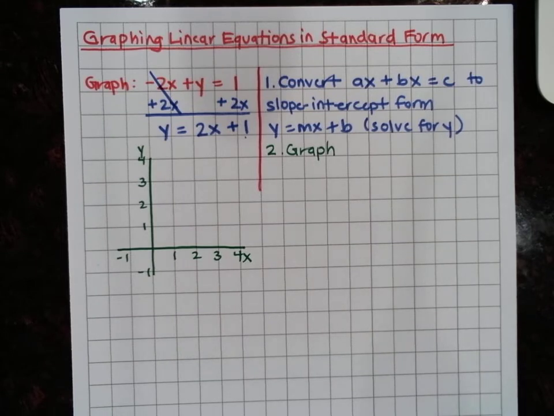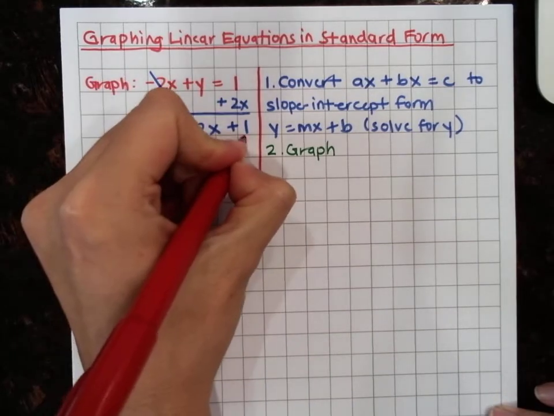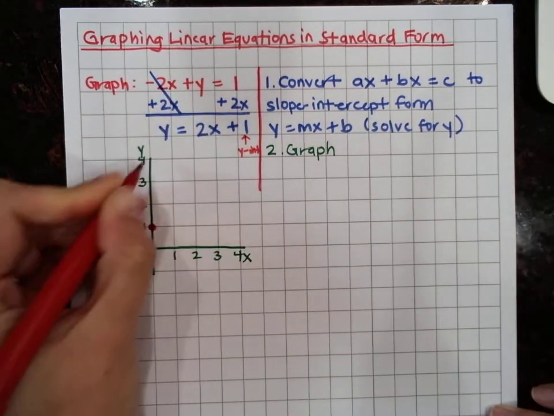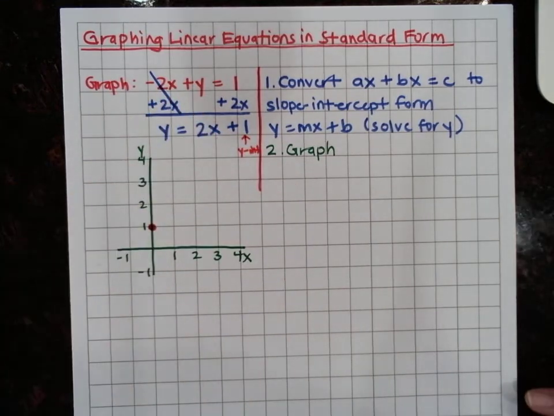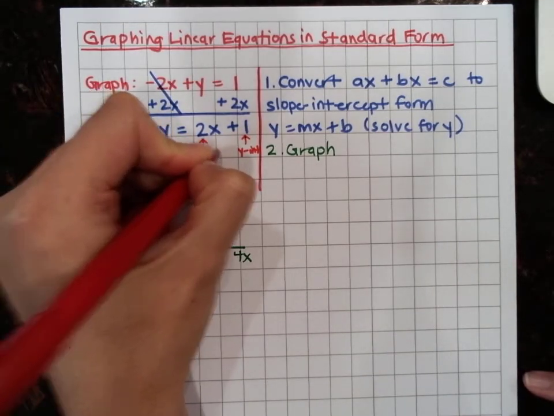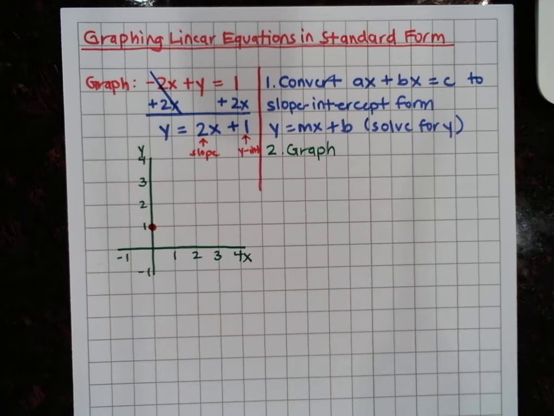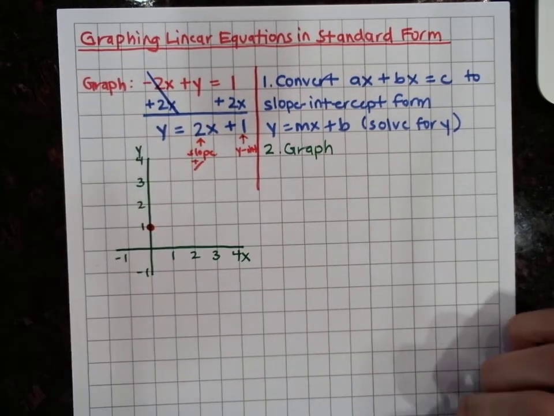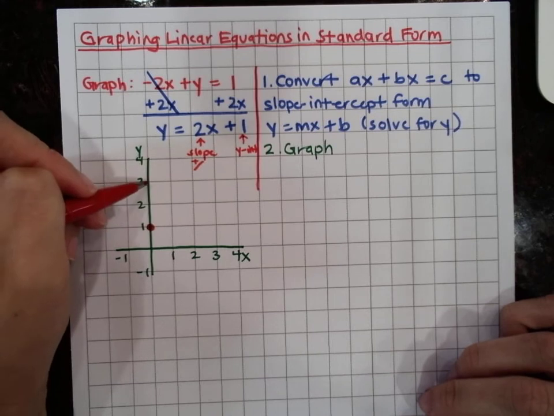We know that our y-intercept is 1, so we go on the y-axis and plot our first point at 1, and then we know our slope is a positive 2. It's positive, so we know our line is going up. I'm going to go up 1, 2.